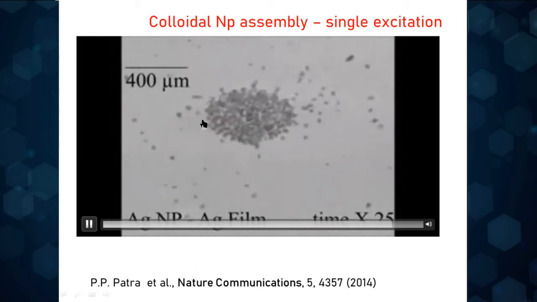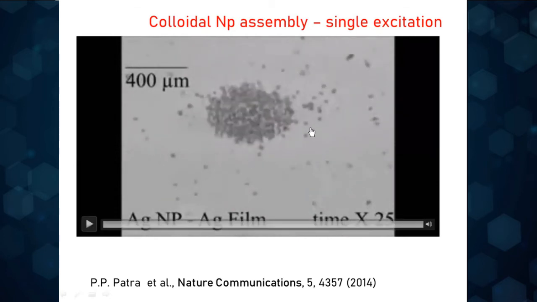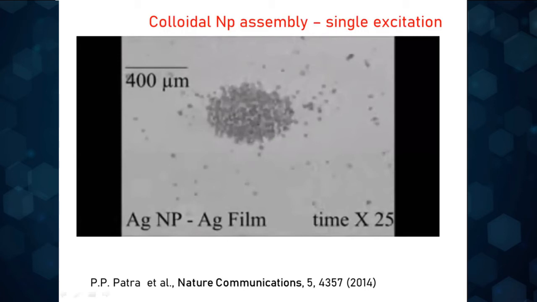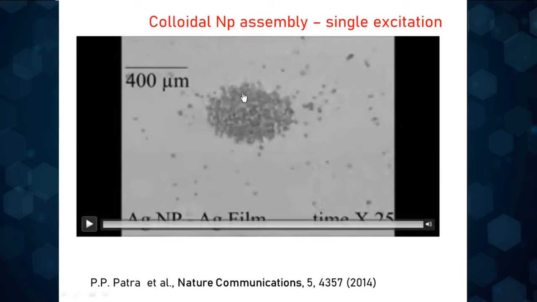You can see that there is an elliptical shape. This comes because laser beams are generally Gaussian in function, and if you take a conic section out of a Gaussian beam, you get an ellipse. Because you project it onto the interface, you find a very interesting assembly of colloids in this elliptical fashion.